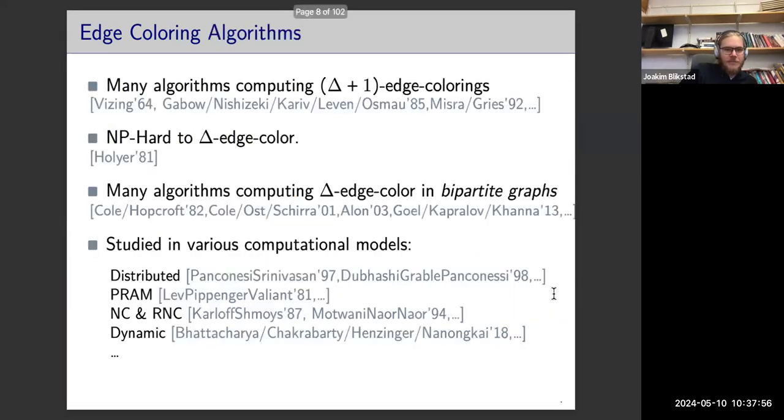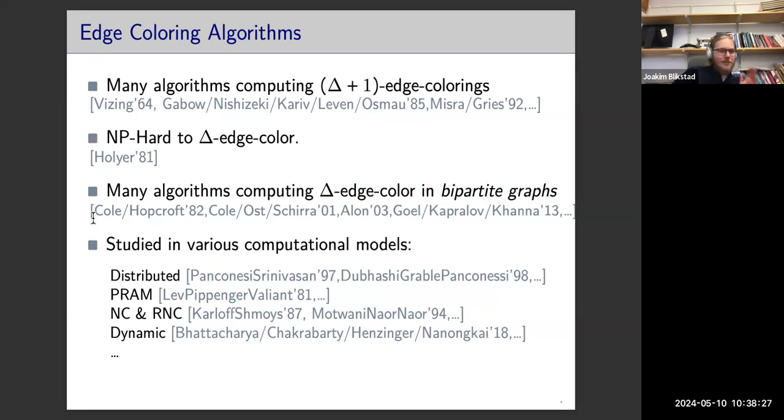There has been a lot of research on edge coloring algorithms in general. First off, there are many algorithms to compute a delta plus 1 edge coloring. It has been shown that to actually determine if you can use one fewer color, just delta colors instead of delta plus 1, is NP-hard. But in bipartite graphs, it's not NP-hard, and there are efficient algorithms for it.